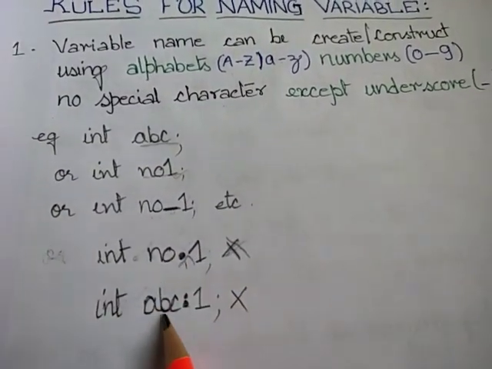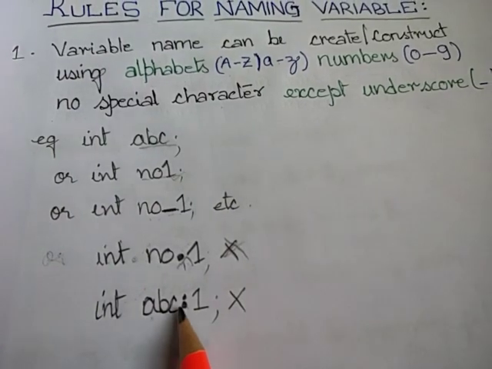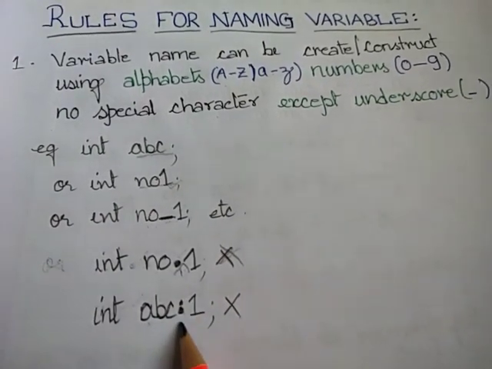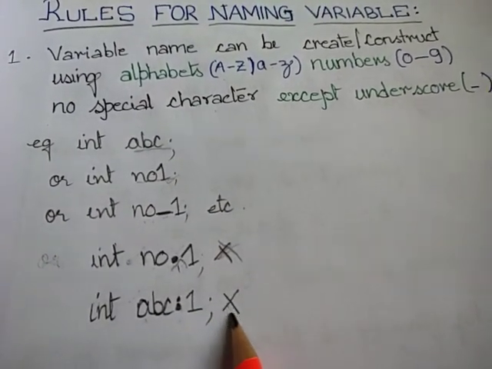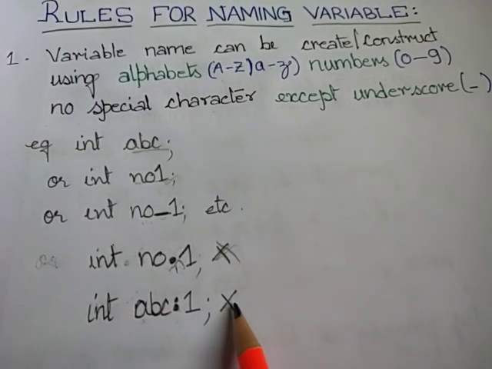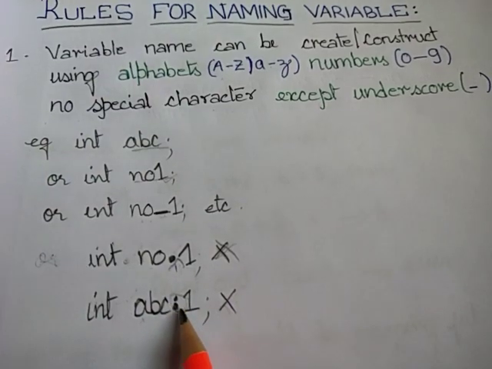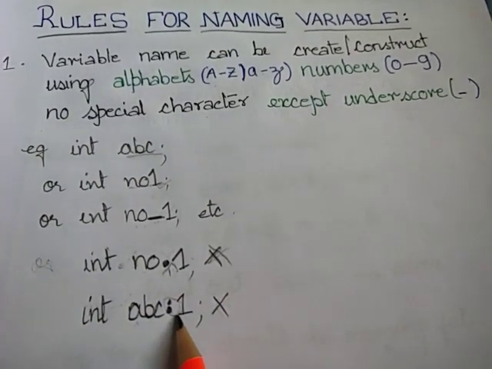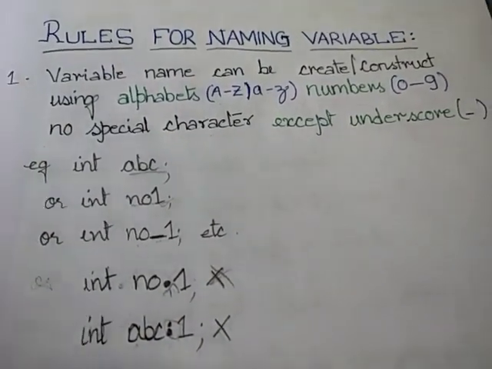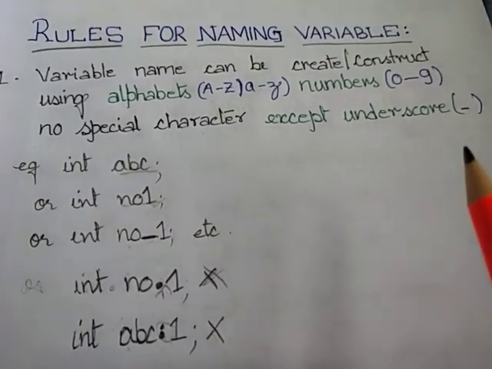The second one, let's say you mention ABC colon 1. Again, this is not accepted. It is an illegal way of naming your variable, because you are using the special symbol colon. Okay, so let's see the second rule.